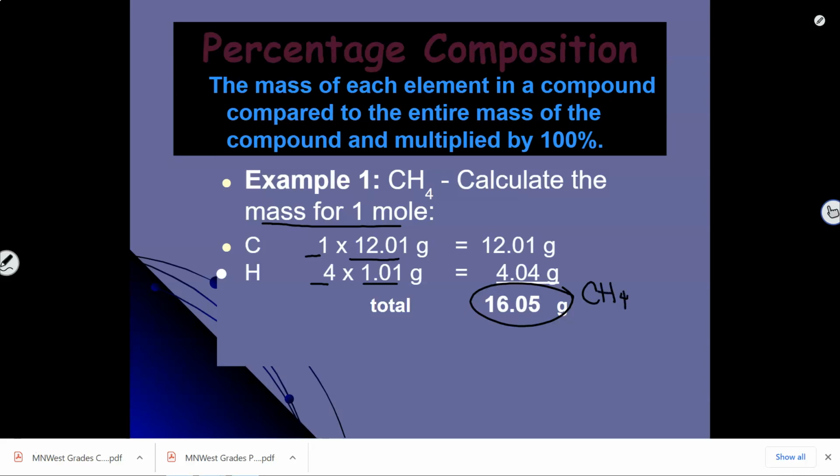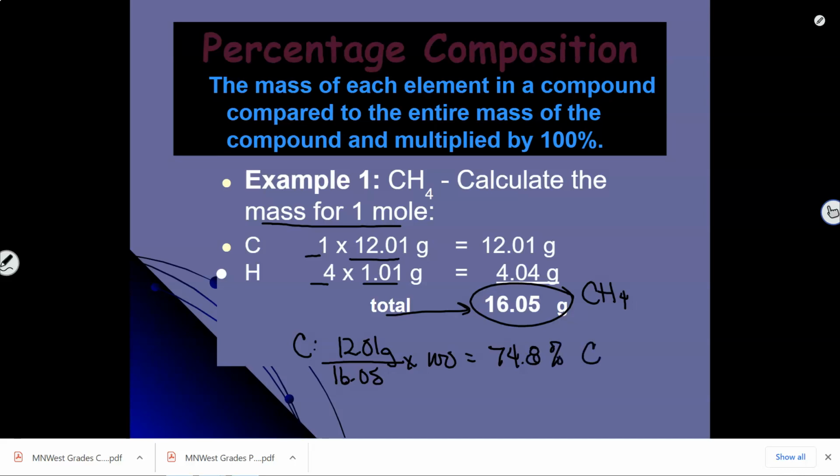Now, to do the percent of each element, we take the mass of the carbon that's present, which you have up above is 12.01 grams, divided by the total mass, 16.05, times 100%, and this gives us our percent composition for carbon, which is about 74.8%.